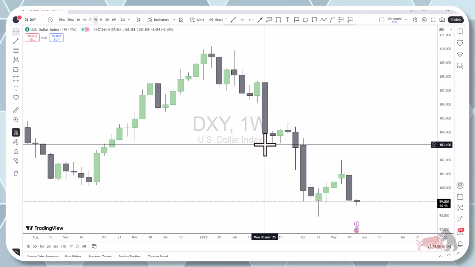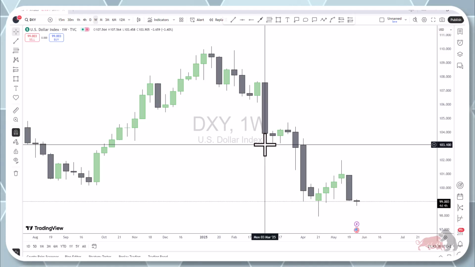It's my benchmark for my trade plan. It becomes easy for me to trade assets like the majors, USD JPY, Pound USD, Euro USD, Swiss, USD CAD. It becomes easy for me to frame my trade ideas once I have a clear focus on the dollar index.